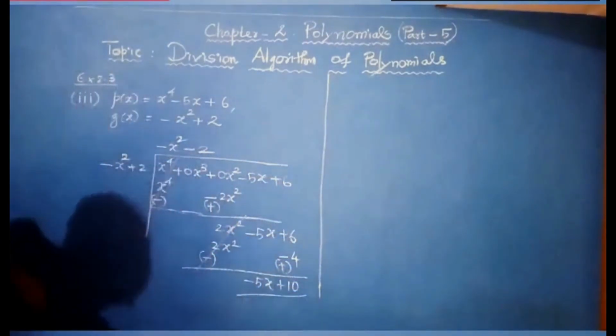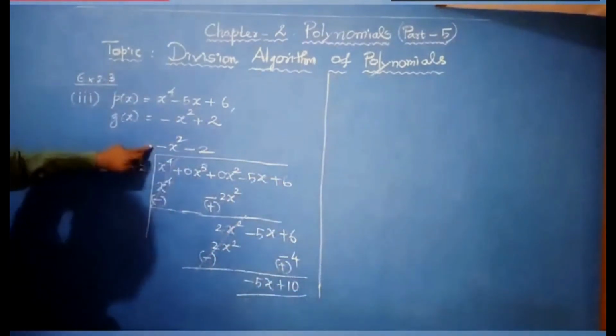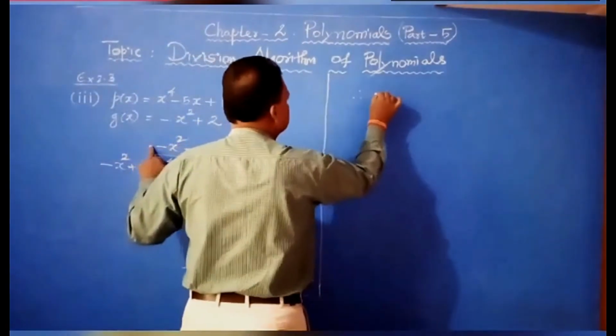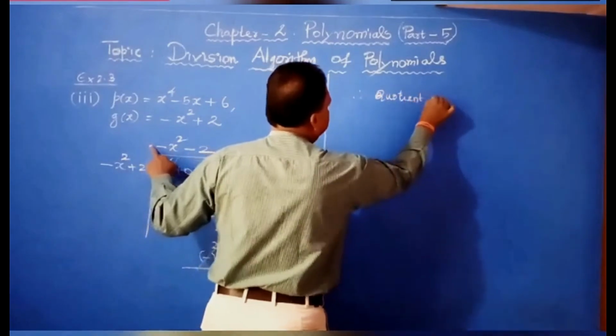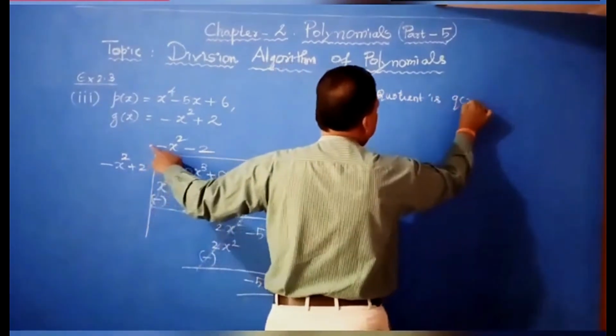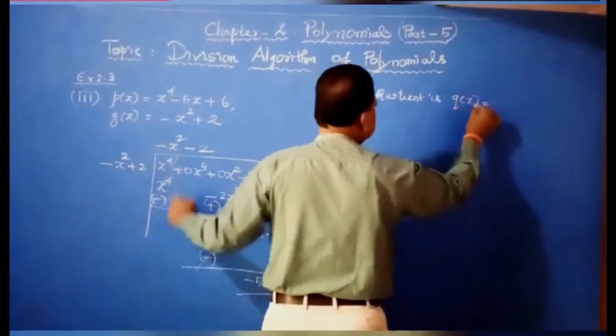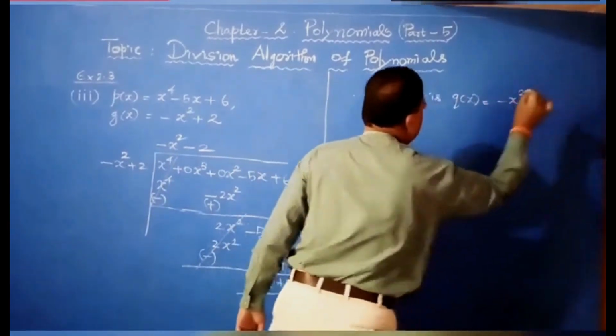Understand? So now the quotient is q of x, that is equal to minus x squared minus 2.